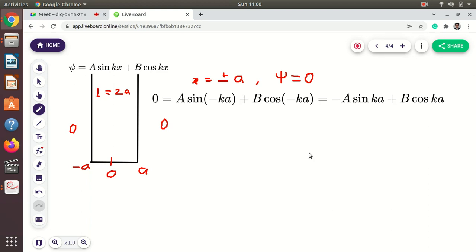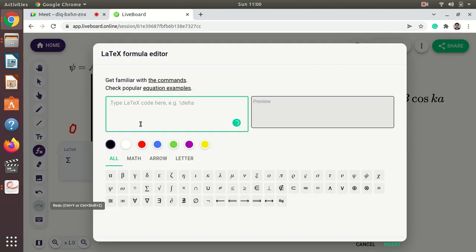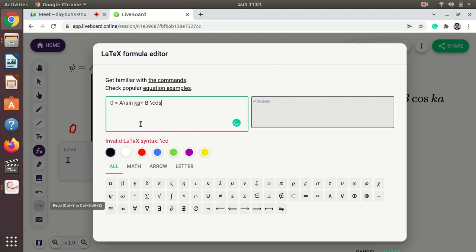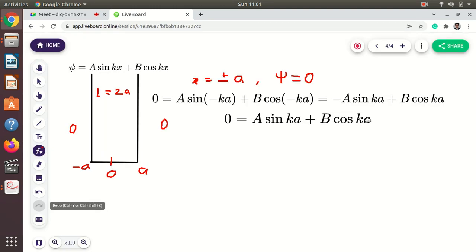We have to write another condition. In that case we just have plus a instead of minus a. So this will again be 0, because for plus a also the wave function becomes 0. So this is a sin ka plus b cos ka. These two conditions we are having. Now consider the addition of these two.